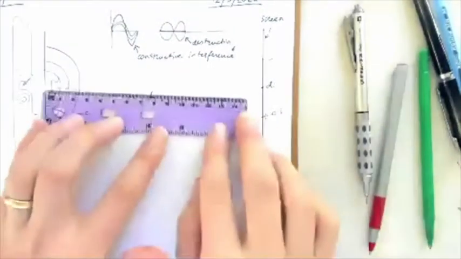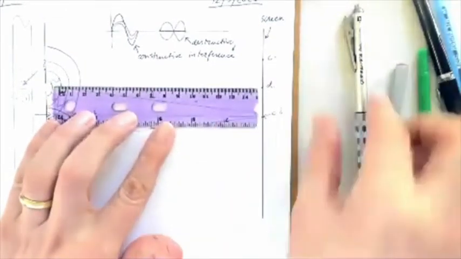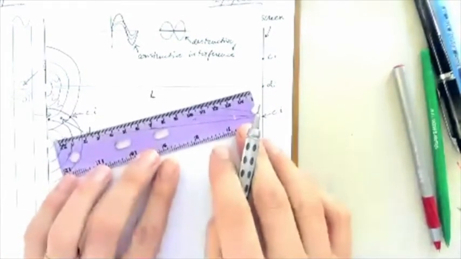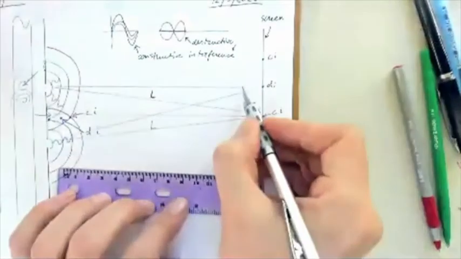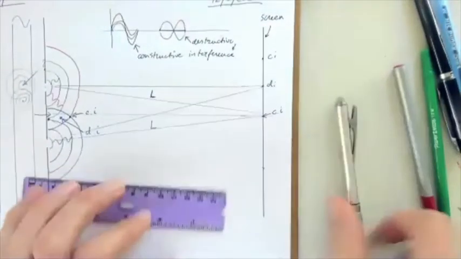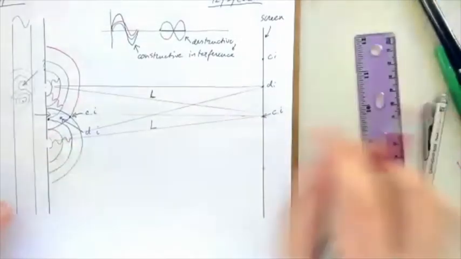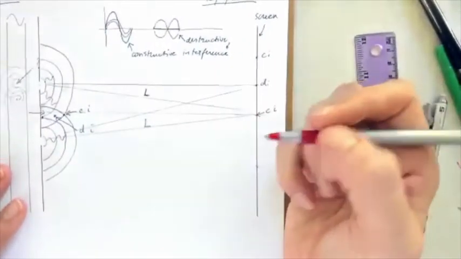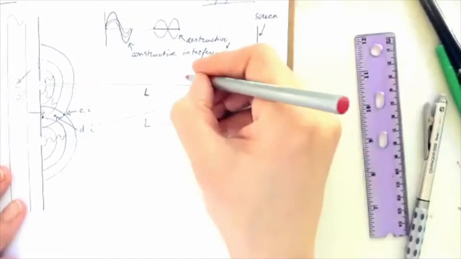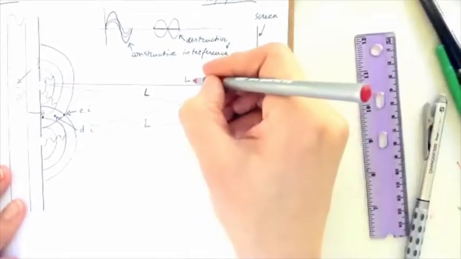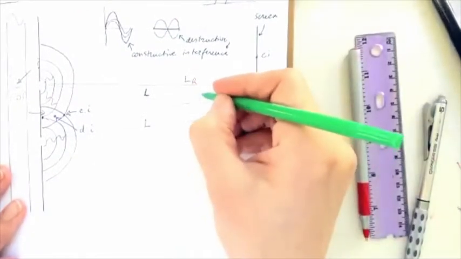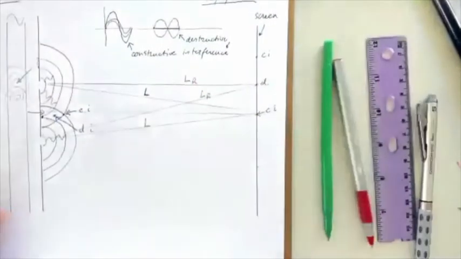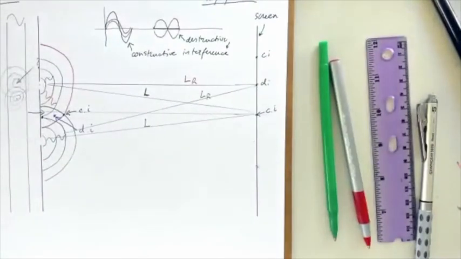Now here, and here, the length difference amounts to half a wavelength. Let's call it LR and LG, in case people are having issues with color blindness or black and white issues.